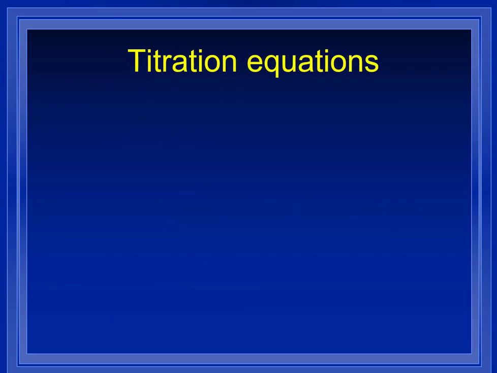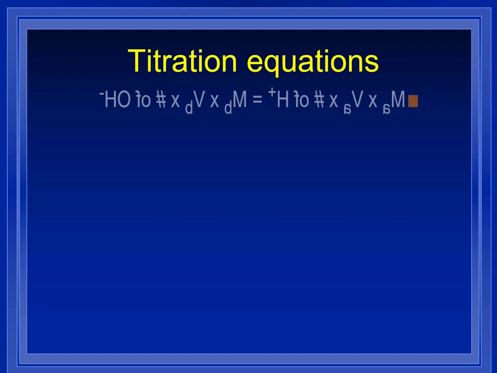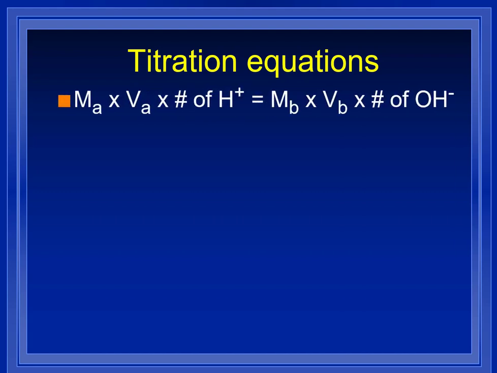This shows up in no book I've ever seen. But if you take the molarity of the acid times the volume of the acid times the number of H's in the acid, that's going to equal the molarity of the base times the volume of the base times the number of OH minuses in the base.